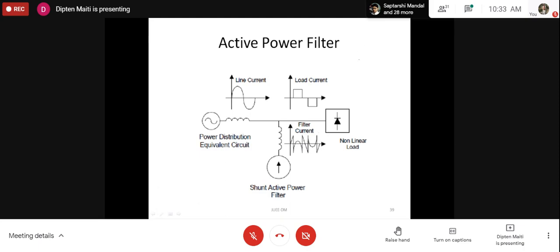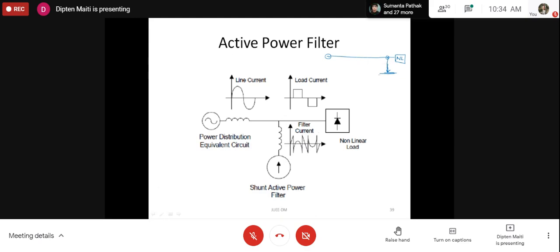So for the control of active power filter, let's say this is the source, and here there is a nonlinear load that can be represented by this nonlinear load, and we would measure the current here by using some sort of CT, and we would monitor the current here, and from that we would try to extract the harmonics.